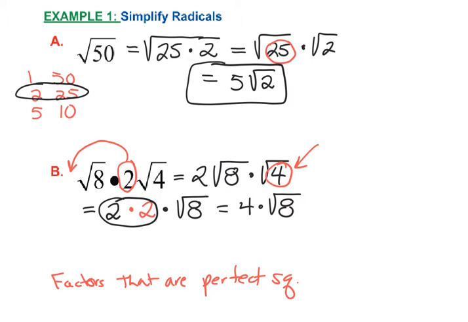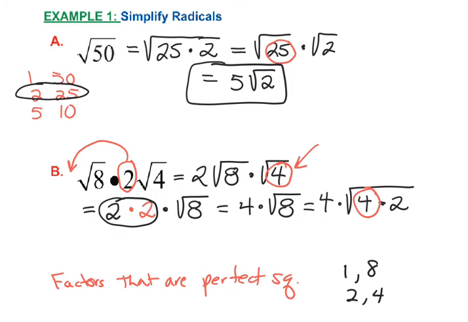So does 8 have any factors that are perfect squares? We should recognize that the factors of 8 are 1 and 8 and 2 and 4. 4 is a perfect square. So the 4 on the outside times 4 times 2, because those are the factors of 8.